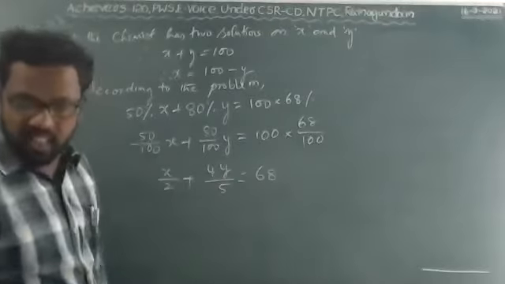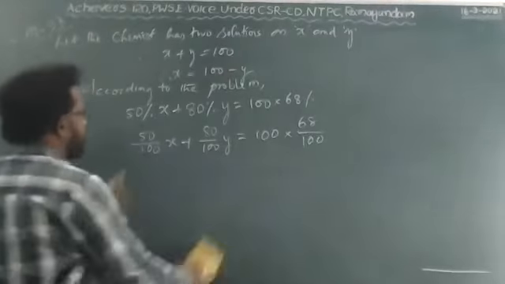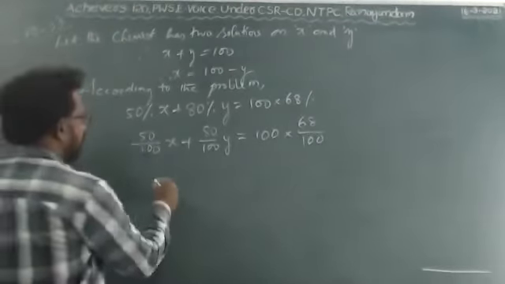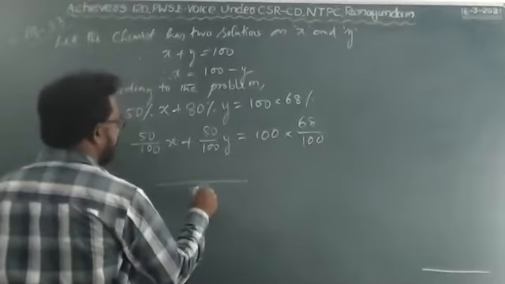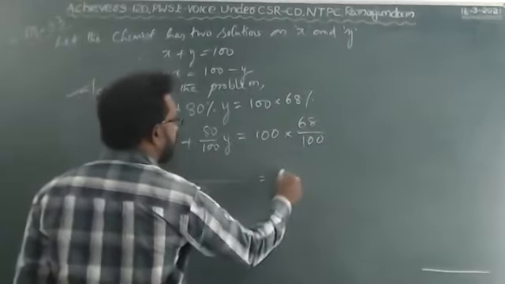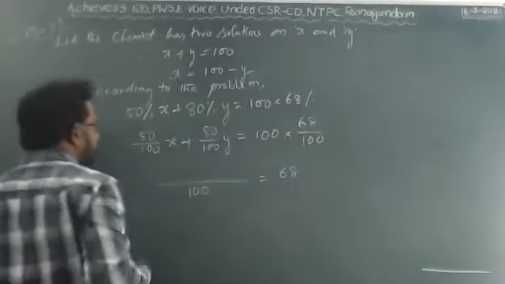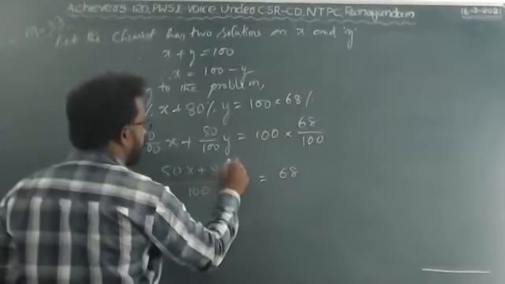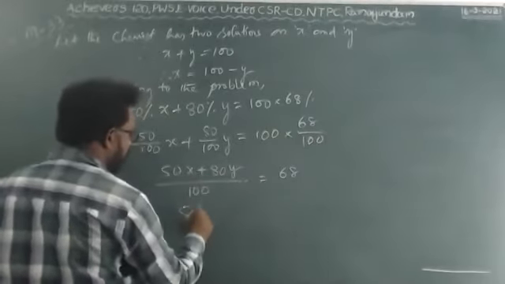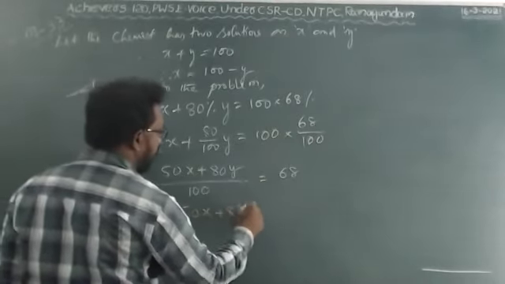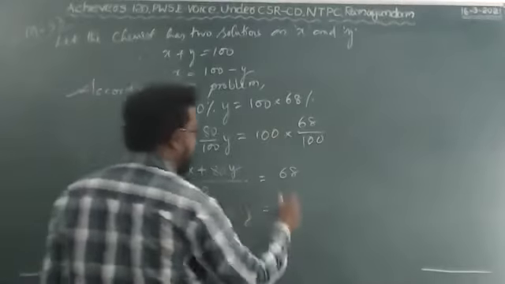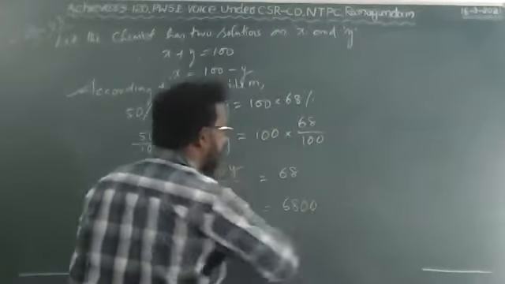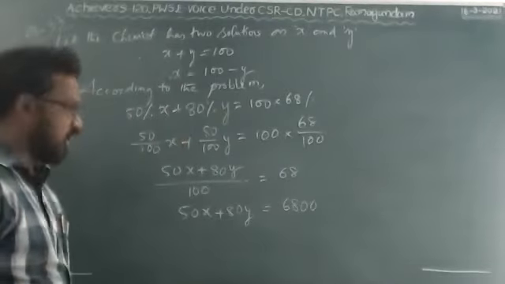It is very easy, no? LCM is 100, so 100 and 100 cancel. So 50x plus 80y is equal to 100 into 68.